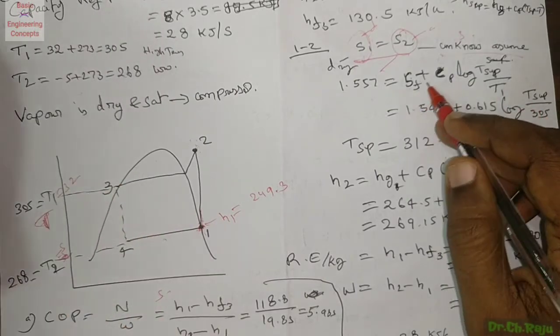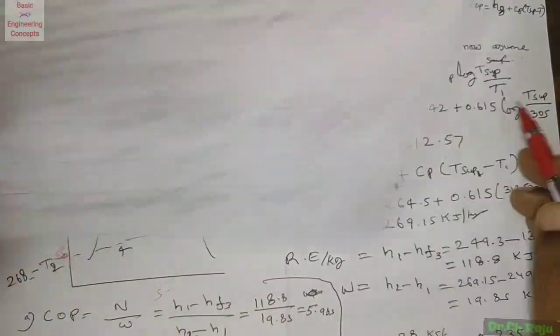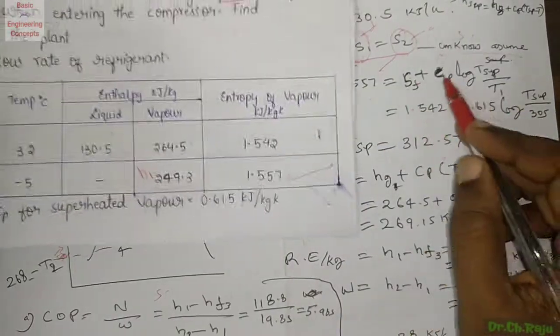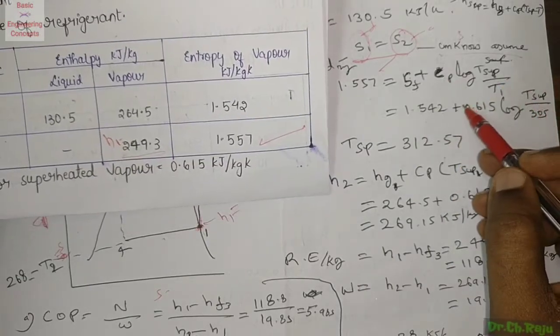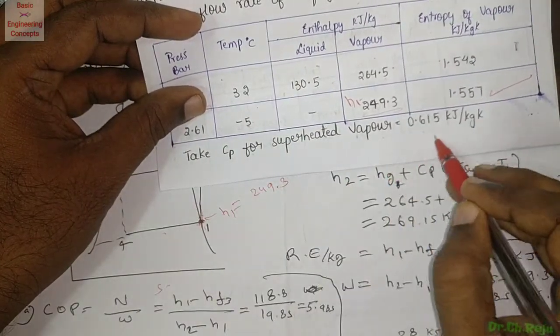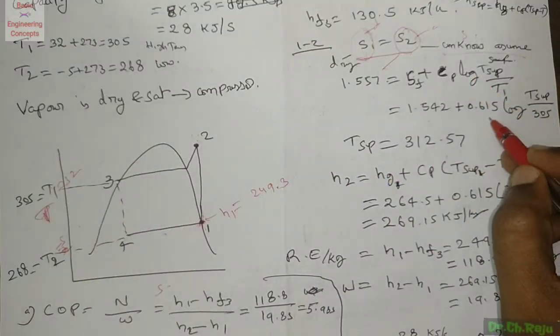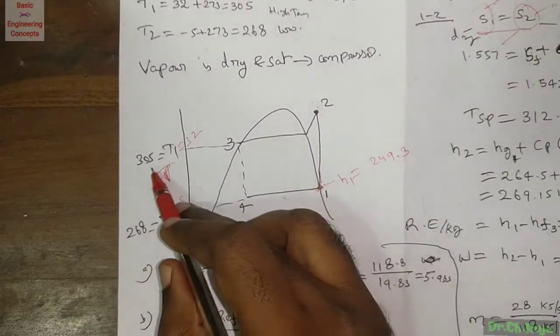At condition 2 the temperature is 305 K, that is 32 degrees, with entropy 1.452. Cp, the specific heat of superheated vapor, is 0.615.